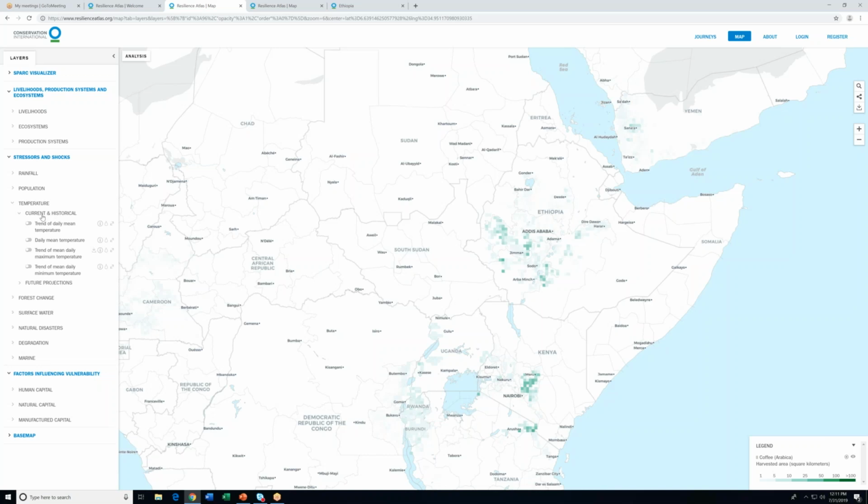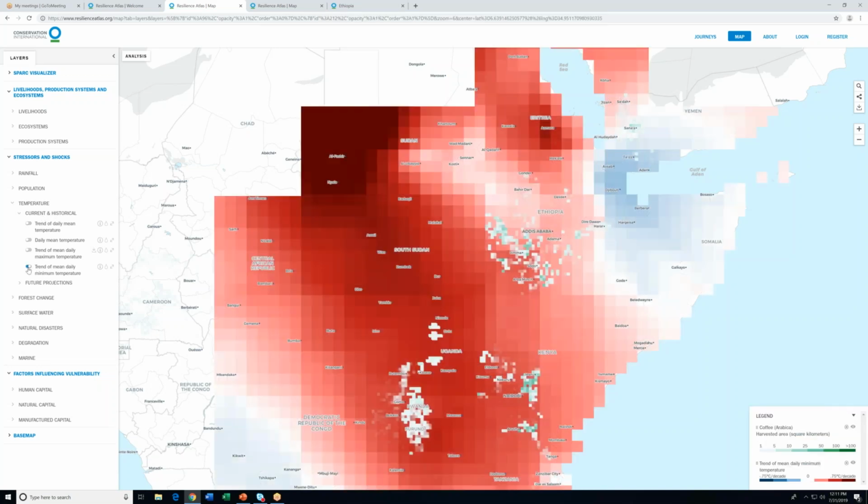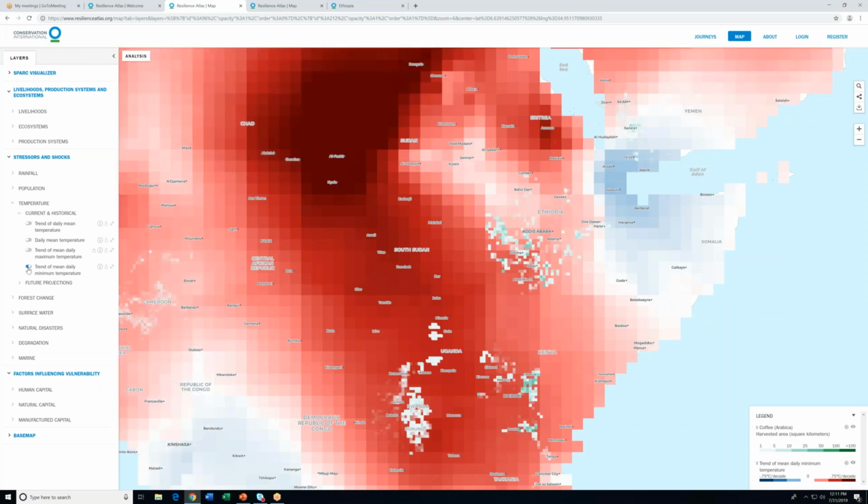The production of coffee is impacted by minimum temperatures. So we can overlay those two layers and see where we're seeing the trend of mean daily minimum temperature increase, and how that could potentially impact coffee in certain areas, especially here in Rwanda, Burundi. We're seeing higher production of coffee throughout the country, and we're seeing a historical increase of minimum daily temperature. So that could potentially impact coffee growing in those regions.